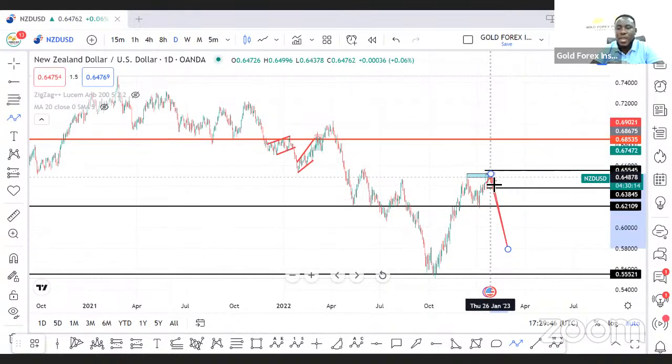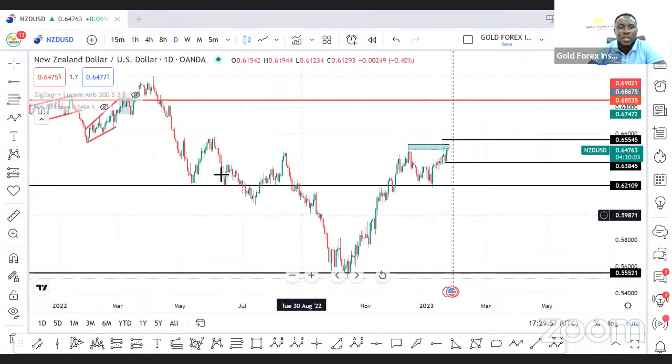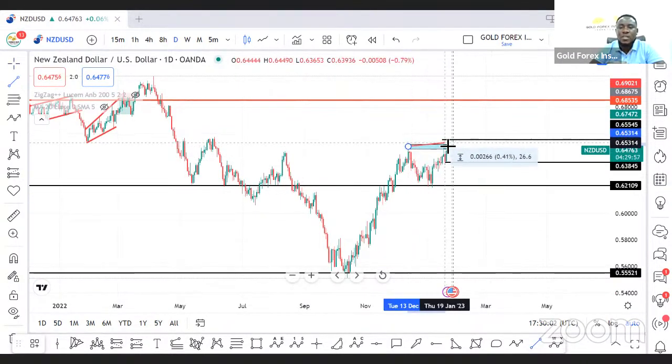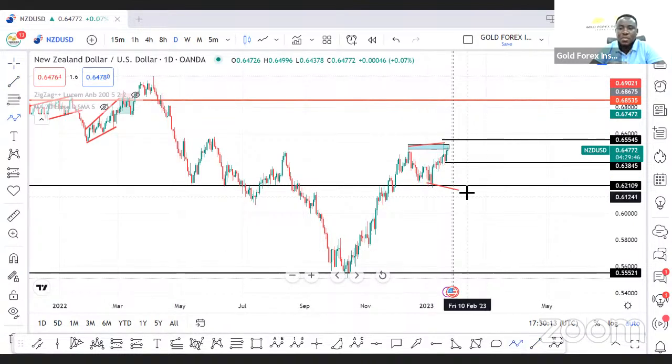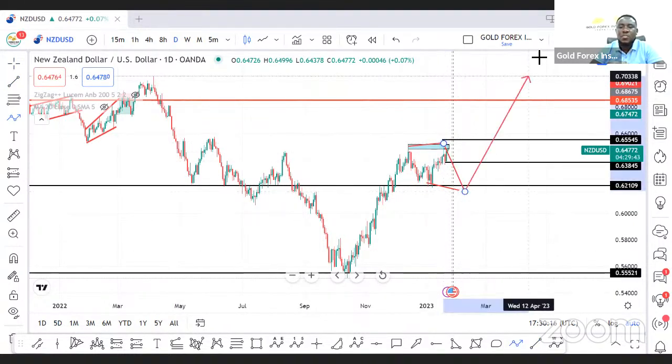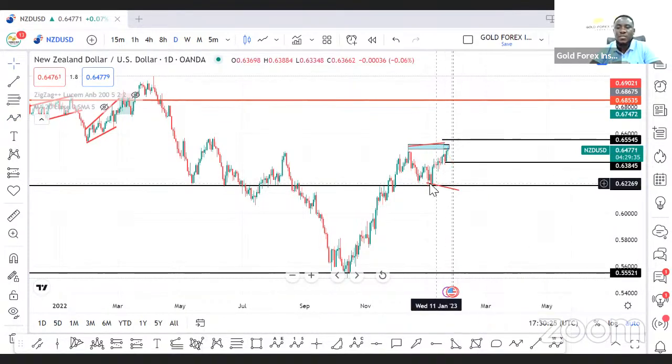If it will go up, then it has to come down before it will go. I don't expect it to continue. The worst scenario is that it should form a flat pattern formation, and for a flat pattern formation, we have something like this, and something like this. So even if it should go up, it will come here before it will go up. That's it for NZD USD.